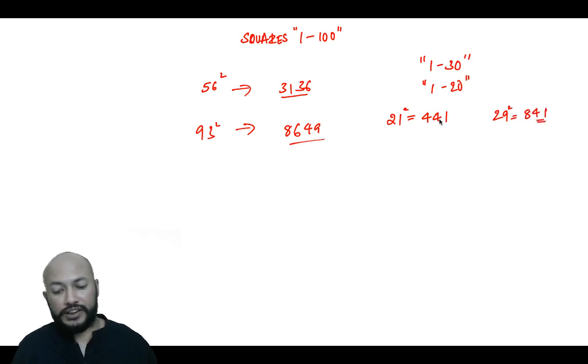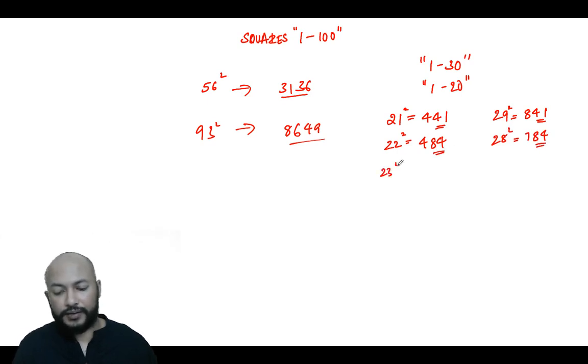Observe the last two digits. 22 square is 484. I remember them. That's how I'm writing. There is no calculation there. I just remember 22 square. That's why I'm writing it directly. 28 square is 784. Last two digits are same.